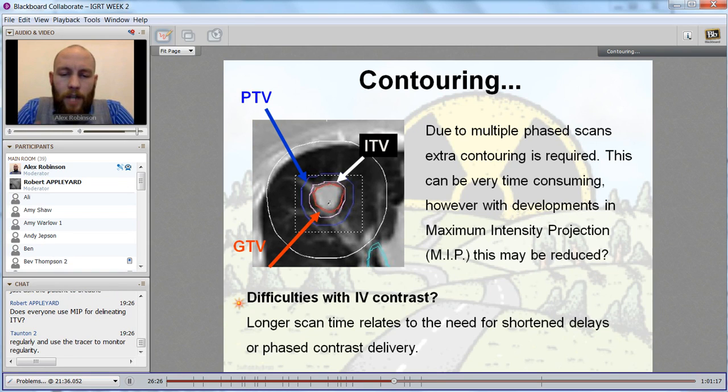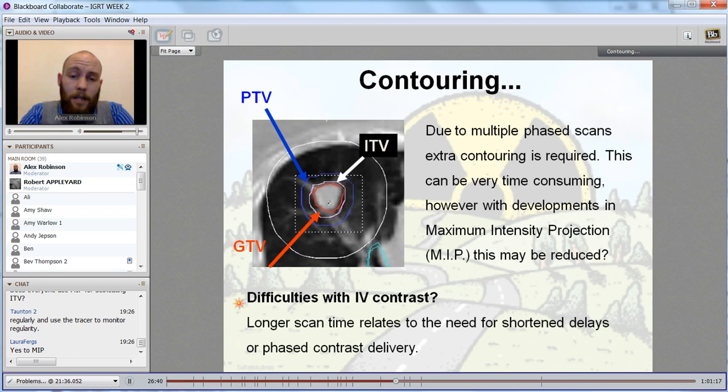The timings we'd usually use for, let's say, a rate of 3 mils per second would be 30 seconds. However, if we've done a reduced pitch and the scan time is going to be longer, essentially all of that contrast could have been injected through and then filtered out of the body prior to getting to the area of interest.